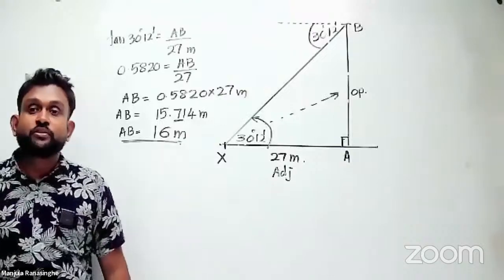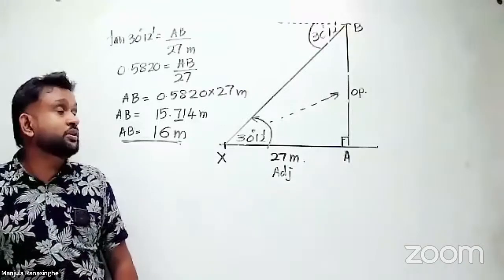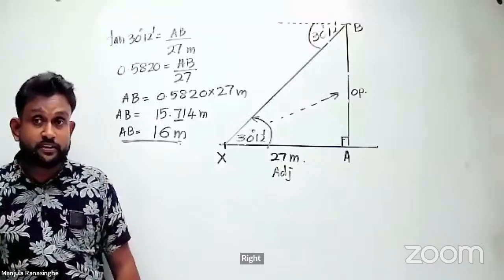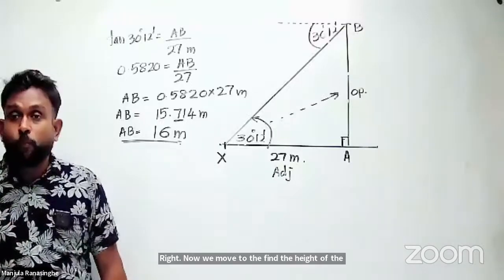Now we move to the find the height of the building to the nearest decimal place. Right. That is done. Now check.